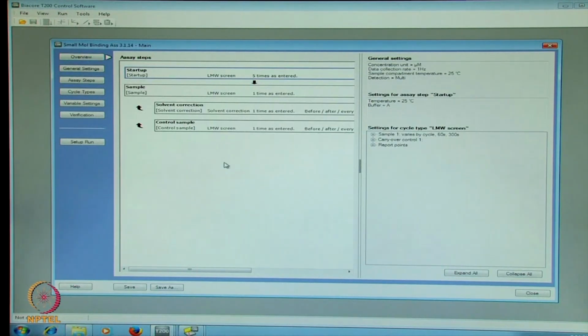For that we need to prepare a method, and the method has 5 startups, 1 round of sample injection, and solvent correction, in which 8 different correction solutions are passed on the surface, and the DMSO effect on the responses is subtracted. Control samples like positive and negative controls are also included in this mode.